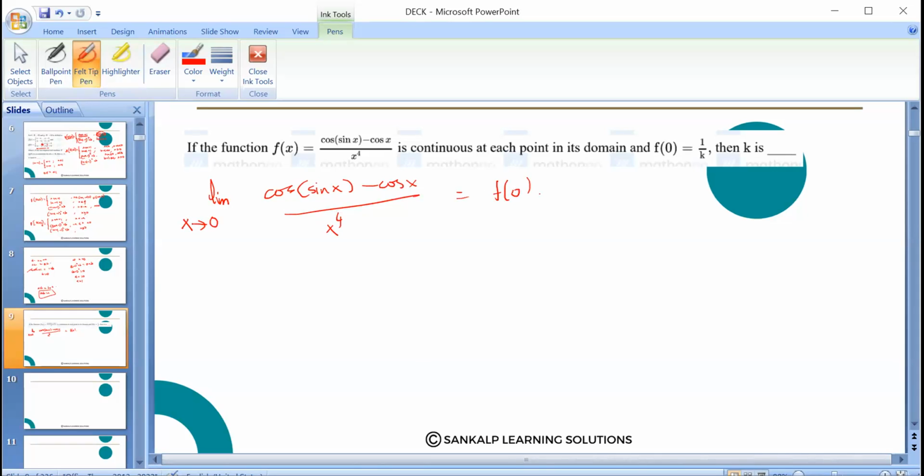Now, how to find the limit here? We have to use transformation. Cos c minus cos d is 2 sin of c plus d by 2 sin of d minus c by 2.